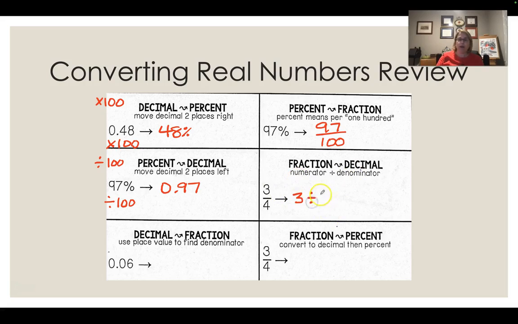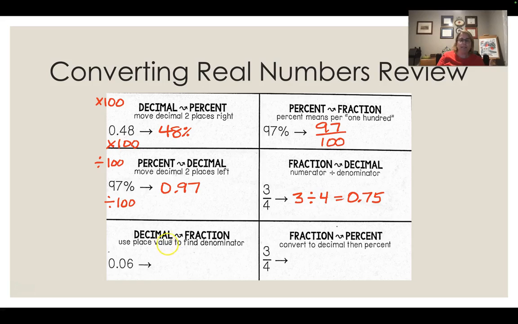Then I'm going to hit divide. Then I'm going to hit the 4. And that's going to give me the decimal of 0.75. Now, because we want to know what that number is as a decimal, we are not rounding. We are not cutting it off anywhere. We are simply writing what shows up in our screen, even if there's 3 or 4 spaces after the decimal.